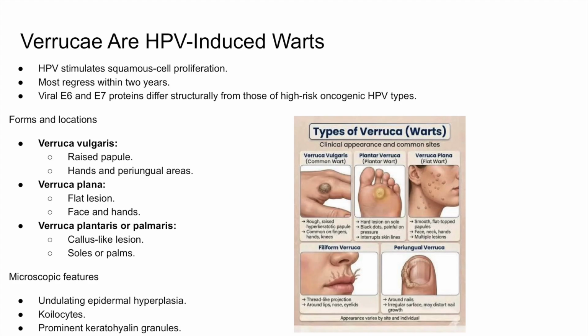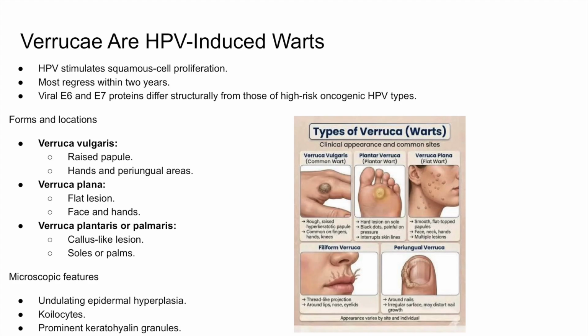Microscopically, warts show epidermal hyperplasia, papillomatosis, hyperkeratosis, prominent keratohyalin granules, and koilocytes. The HPV types responsible for common cutaneous warts are generally different from high-risk oncogenic types, and many warts spontaneously regress as cell-mediated immunity develops.